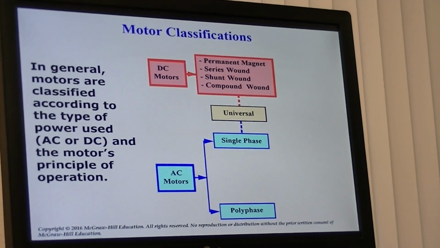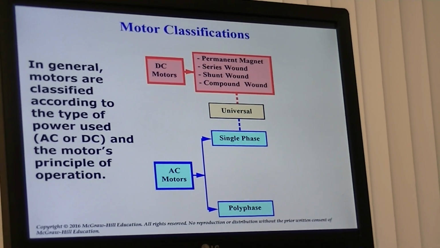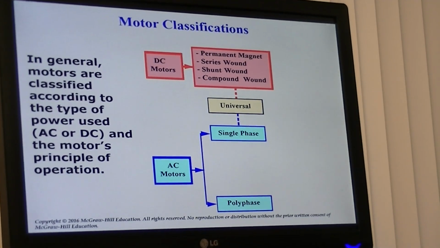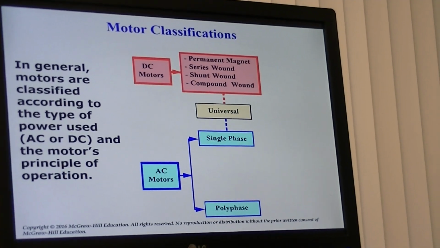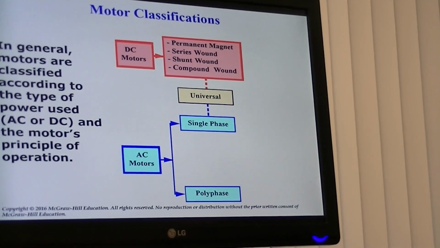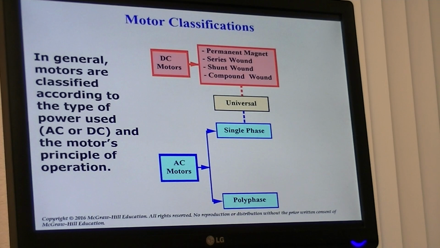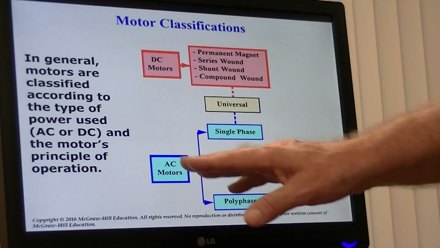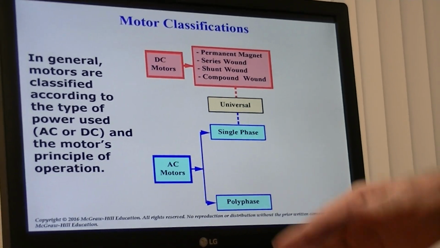We're going to be getting into them in the next chapter, I believe. You also have a universal, which is kind of a cross between an AC and DC. Theoretically, you can use it in either DC or AC applications. And then you've got generally AC motors, which make up probably 90 to 95% of the motors out there.